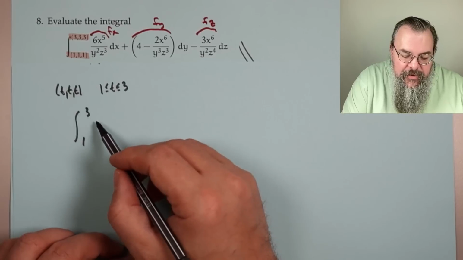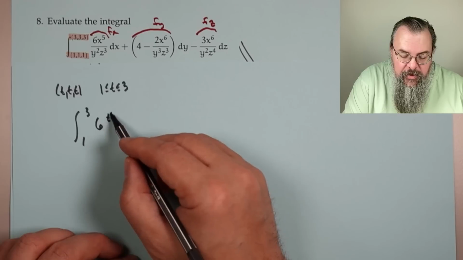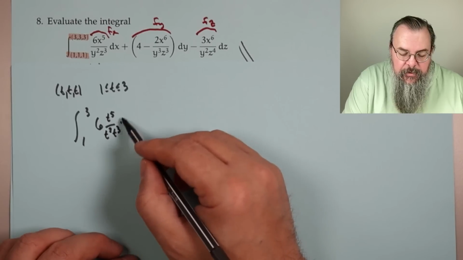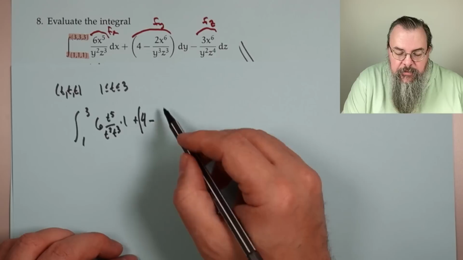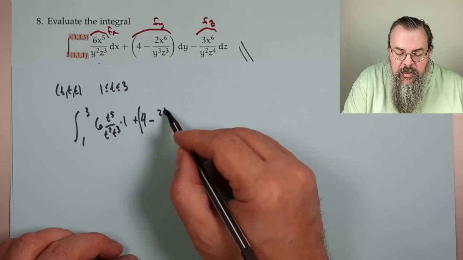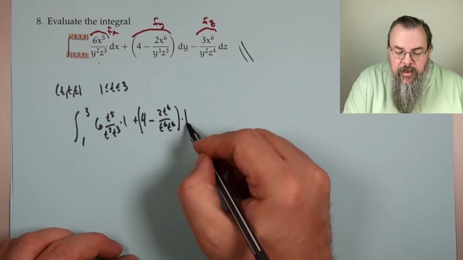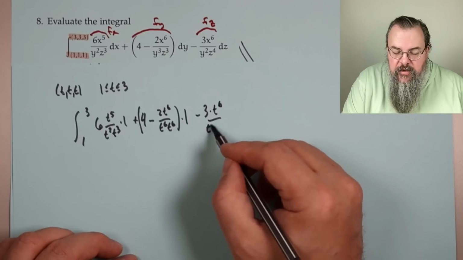So we have 6t^5 over t^2 t^3 times 1 plus 4 minus 2t^6 over t^6 times 1 minus 3t^6 over t^2.